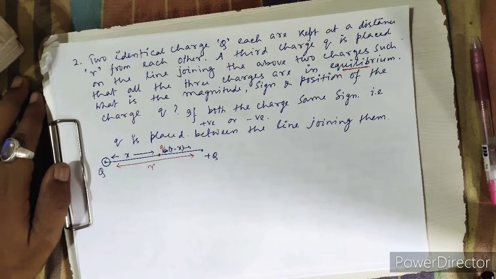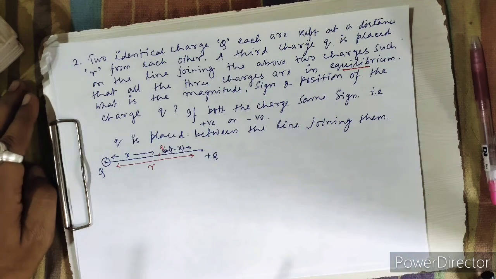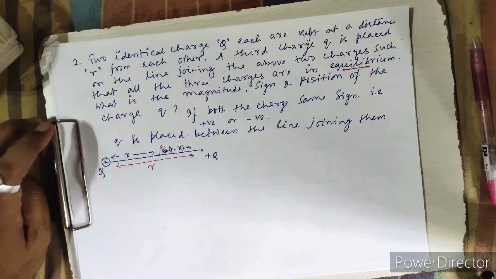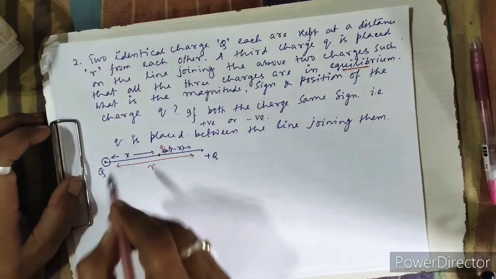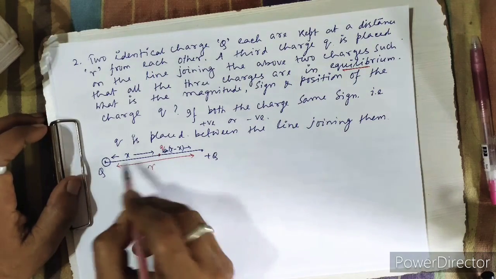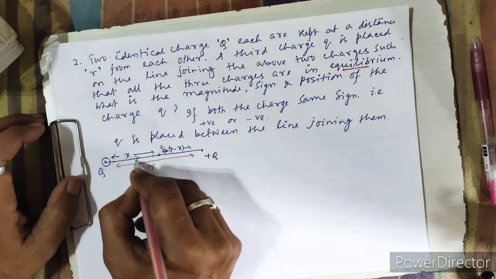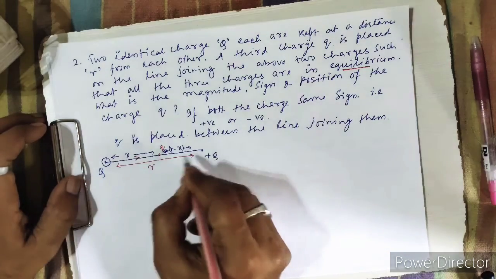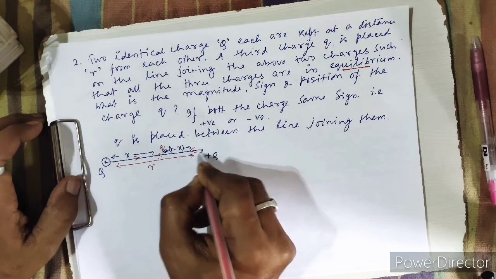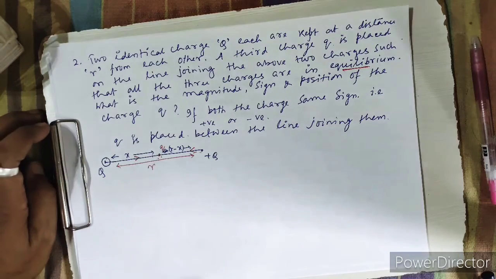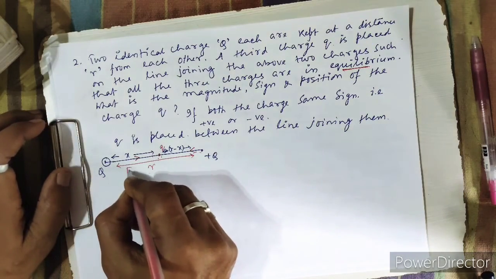Therefore, what is the total force on this system? Say these two are repulsive in nature, in direction. These two also are repulsive in nature, but in opposite directions. Therefore, this is say F1.